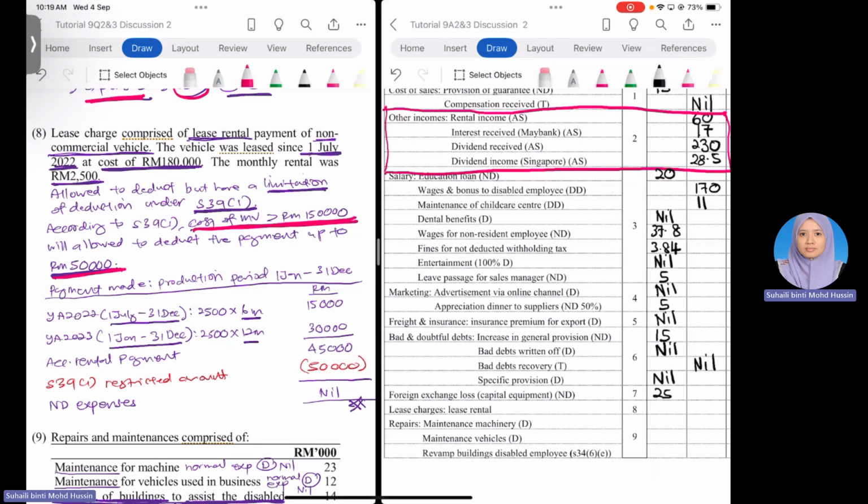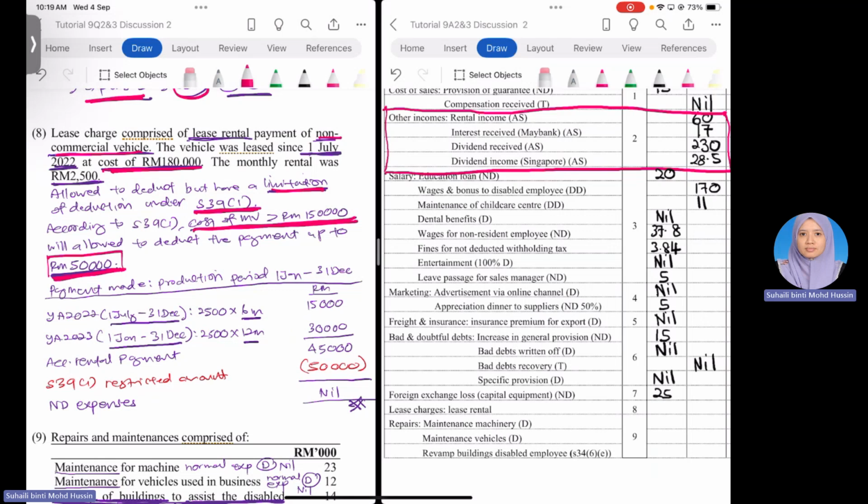Now the company purchased a motor vehicle not licensed for commercial use at 180,000 ringgit, so the lease rental allowed for deduction is only up to 50,000 ringgit. It is not disallowed entirely, but has a limitation because it's listed under section 39 subsection 1.